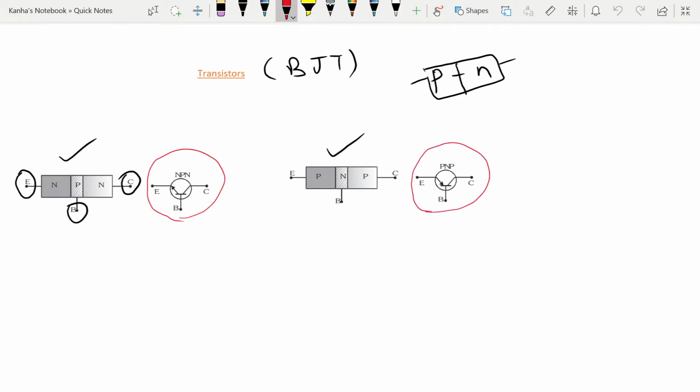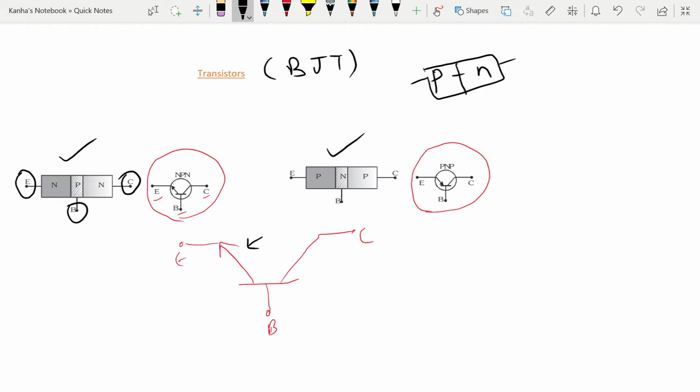What these mean is, you will not be finding this E, B and C written over there. You need to look at this diagram properly. For example, if I'm making a diagram for this case, the arrow that you see tells you the direction of the current flow.